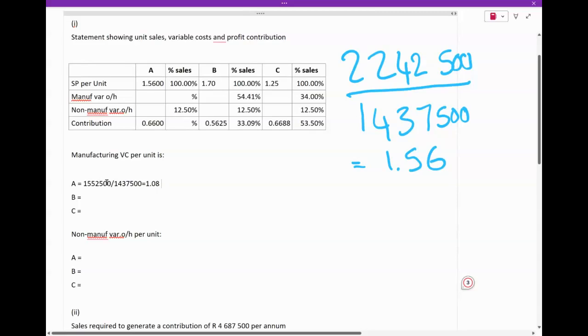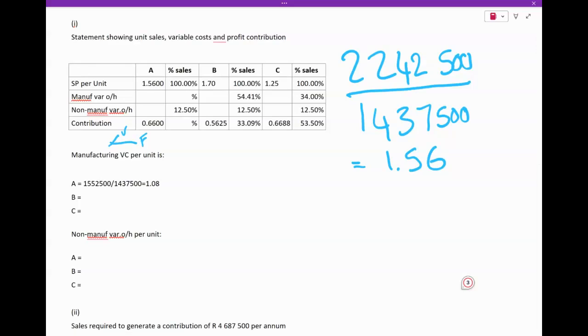Remember, I'm saying that this then obviously comprises of variable and fixed, isn't it? When calculating contribution, do we want to include the fixed?